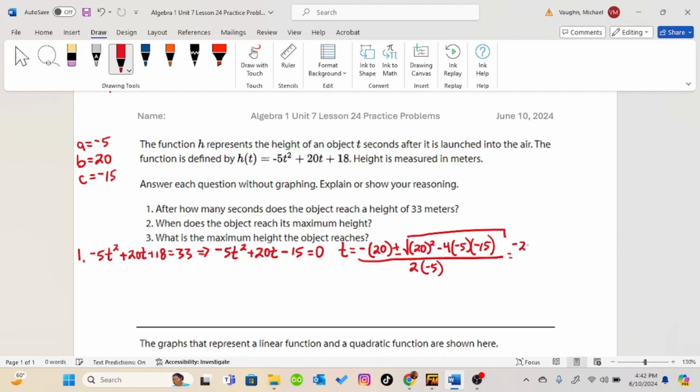So we have negative 20 plus or minus the square root. 20 squared is 400, and negative 4 times negative 5 is 20, and 20 times negative 15 is negative 300. Two times negative 5 is negative 10.